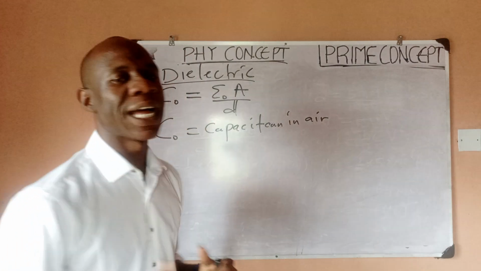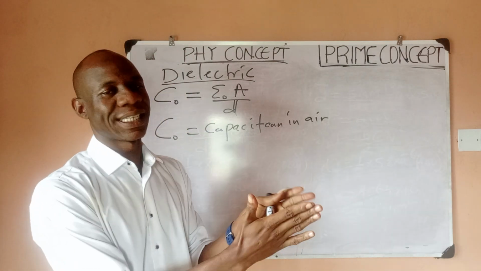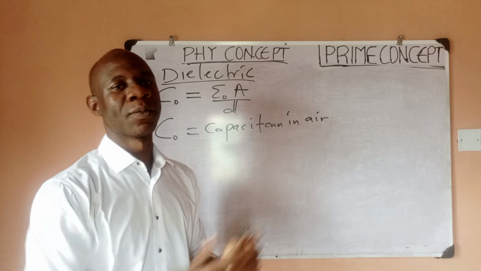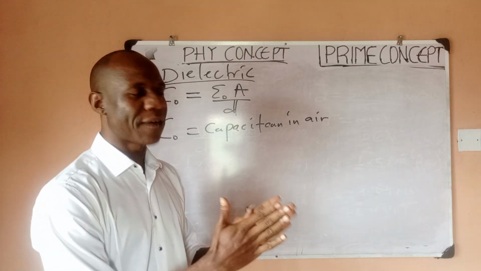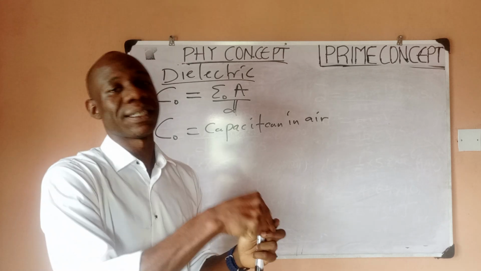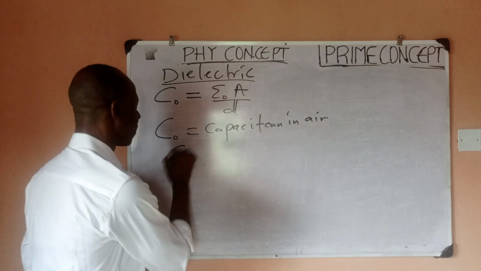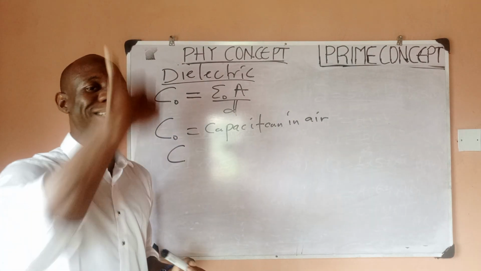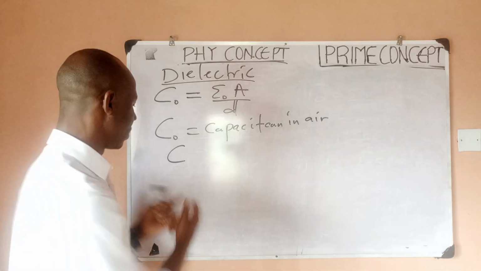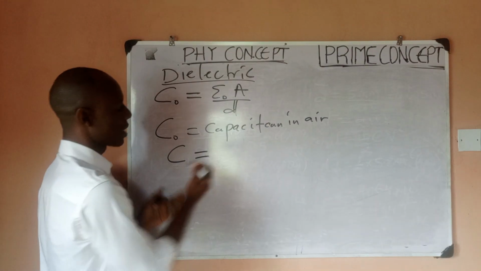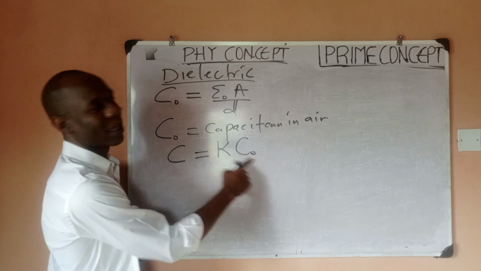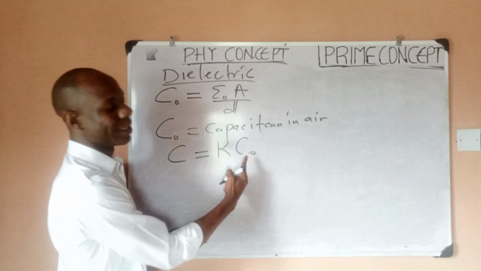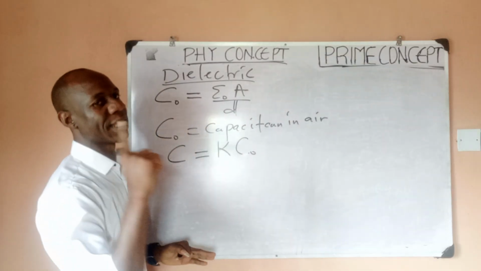Now, consider a case where we have a capacitor with a dielectric material. According to Michael Faraday's experiment, the capacitance C of that capacitor would be increased by a factor. The capacitance for that capacitor now would be K times the capacitance of the capacitor when the medium of separation is air.